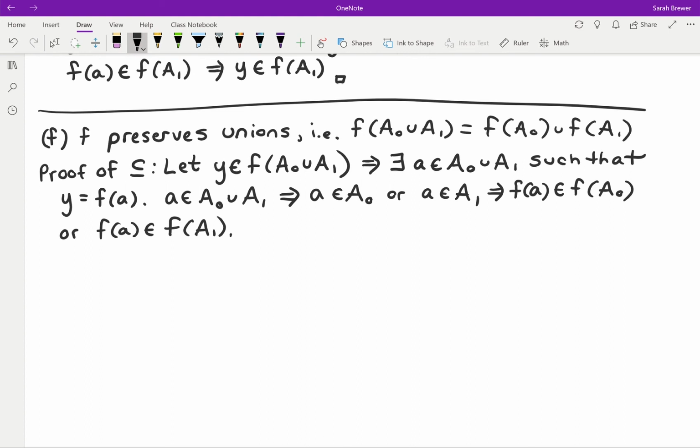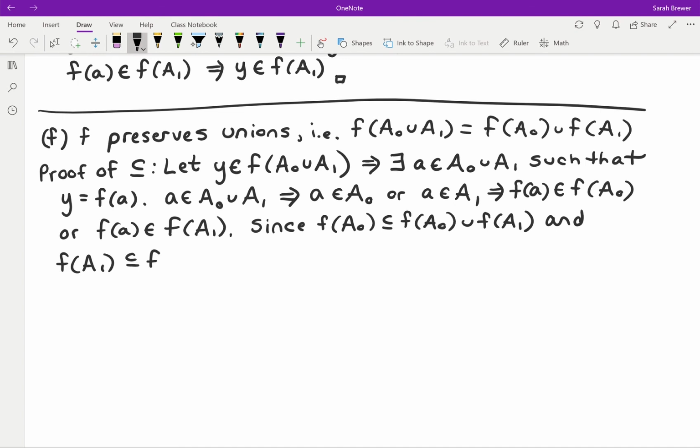Since the image of A0 is a subset of the union of the image of A0 and the image of A1, and similarly the image of A1 is also a subset of that union, we get, in both cases, because every time it's an or, it's cases, that f of a is an element of that union.